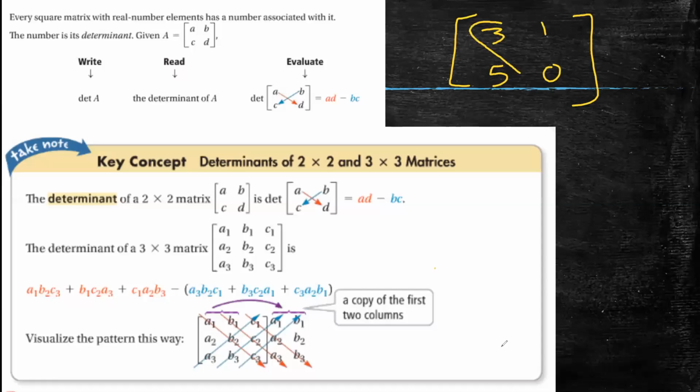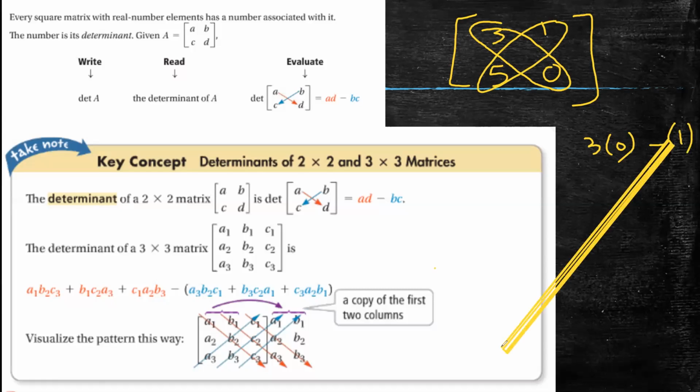You say 3 times 0 minus 1 times 5. So to find the determinant, which is a number associated with the matrix, we multiply A times D minus B times C. This is for the square matrix.